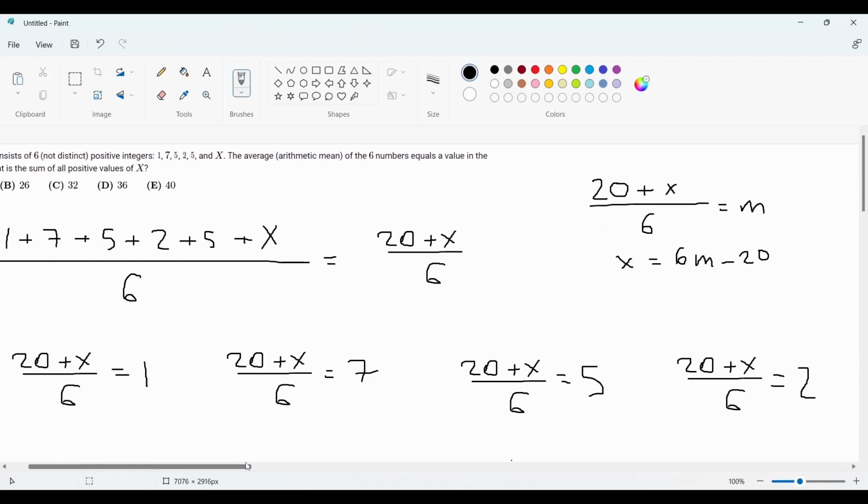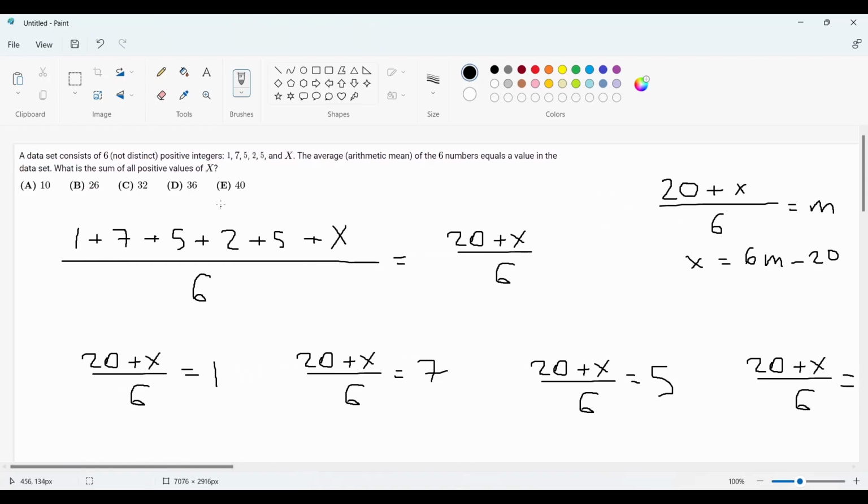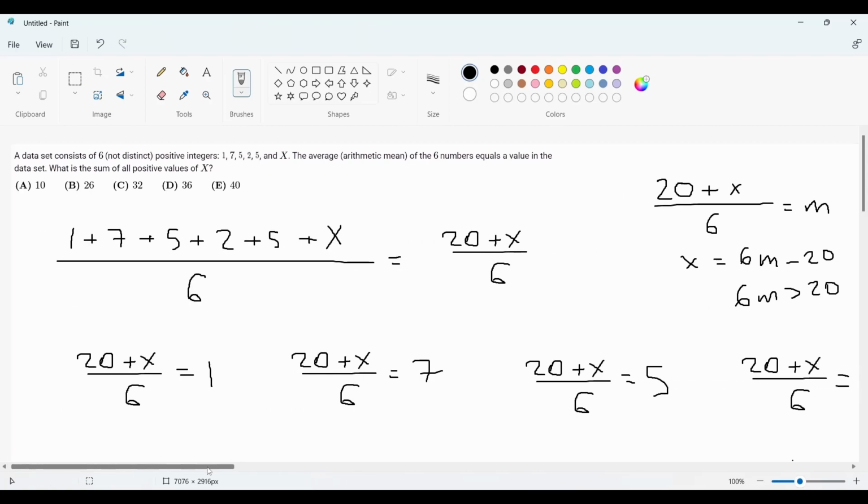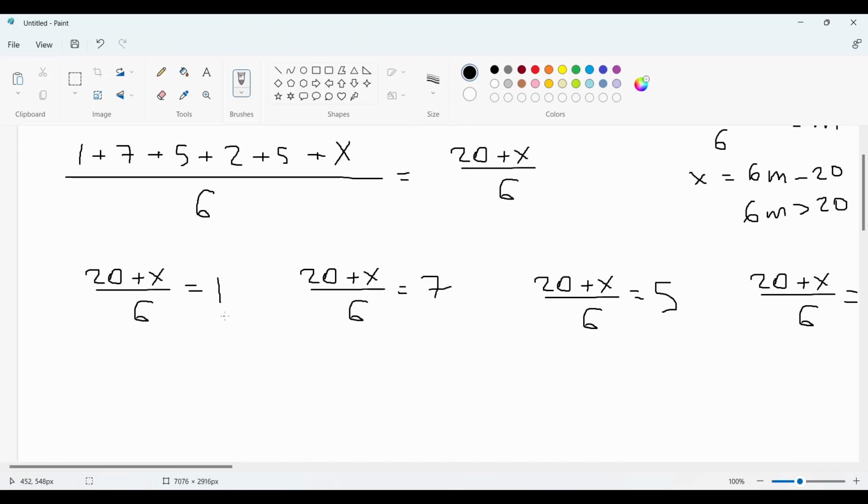So we're summing up all positive values of x. So for this to be positive, 6 times m has to be greater than 20. So for all the options where 6 times the mean is not greater than 20, we can just eliminate them.